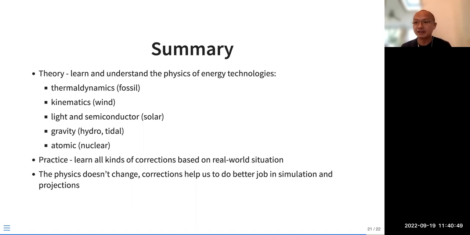The physics are fundamental; they don't change. They are there, but the corrections will help us do a better job in simulations and projections, and that's very important when we try to get the simulations right.